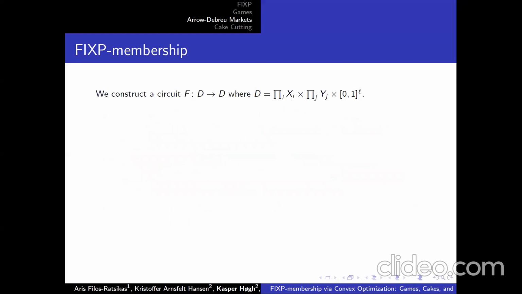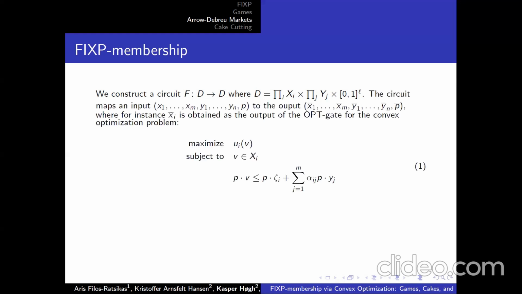Okay, so I'll just briefly go through the membership results. We construct a circuit, and the domain should be the product of the consumption sets, of the production sets, and of [0,1]^L, which are the prices of all the items.